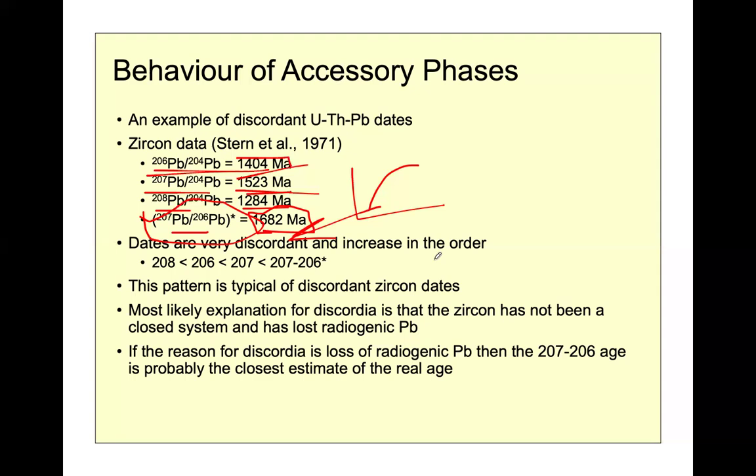So for the same sample, different schemes will give you different dates. They are really discordant. They are not giving the same age. Sometimes this happens when the system opens, for uranium or thorium or even for lead.